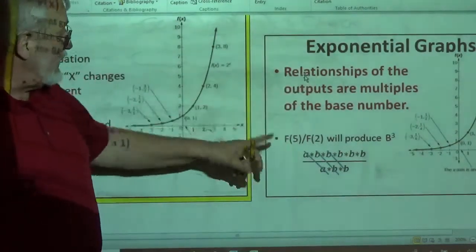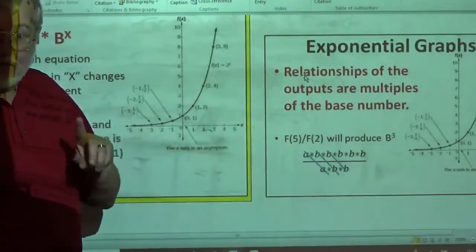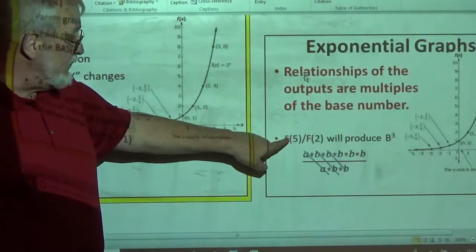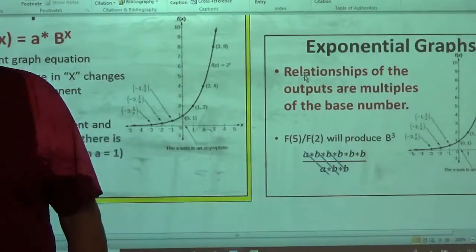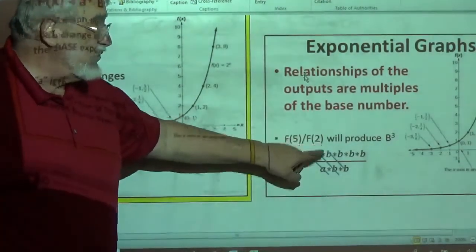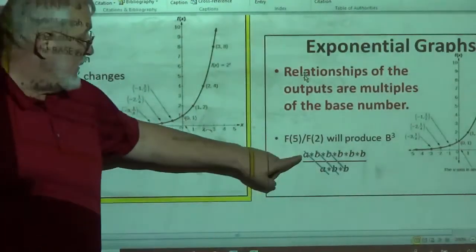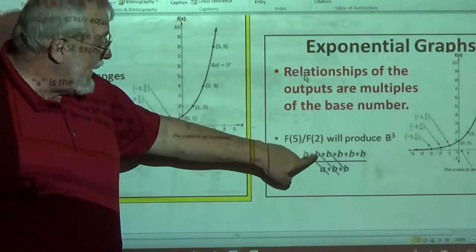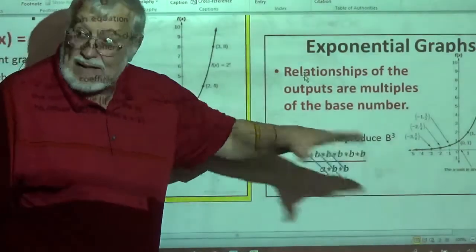In fact, the relationship that was in the book is we had f of 5, which is the function when x is 5, and we wanted to compare it to the function when x was 2. Well, f of 5 is a times b, b, b, b, b, 5 of them.